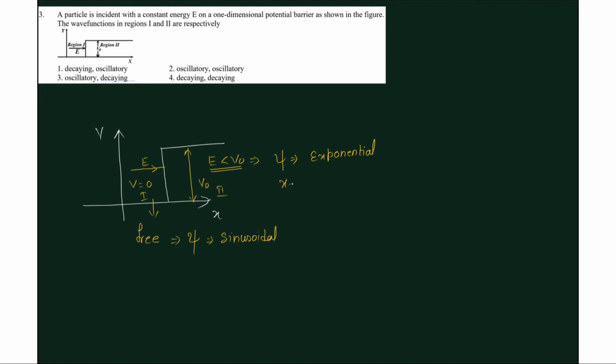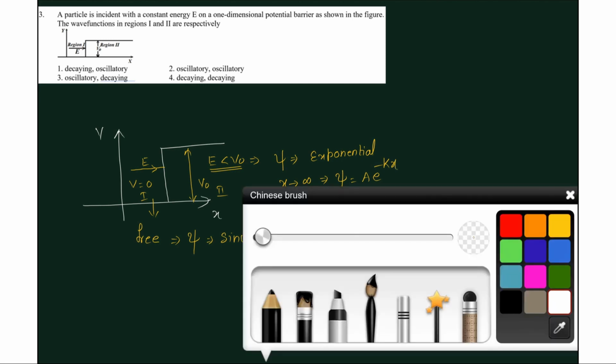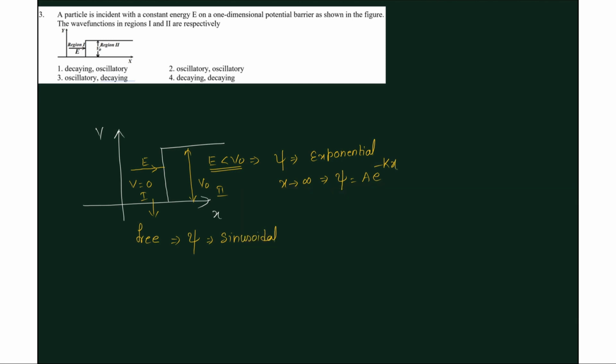That means as x tends to plus infinity, the valid function is A e raised to minus kx. That means this is a decay. So in the first region it is sinusoidal and in the second region it is decaying.